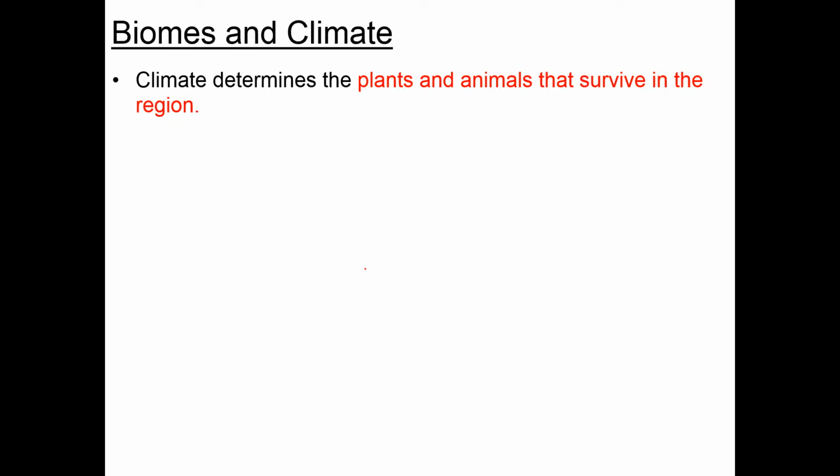Think about why certain animals live in certain biomes. The biggest determining factors are temperature and precipitation, together: not just hot and snowy or lots of rain, but cold and lots of rain, cold and dry, right?